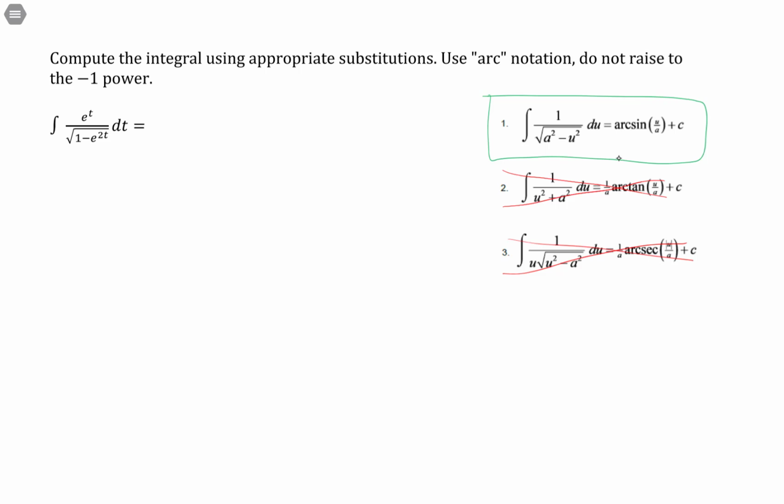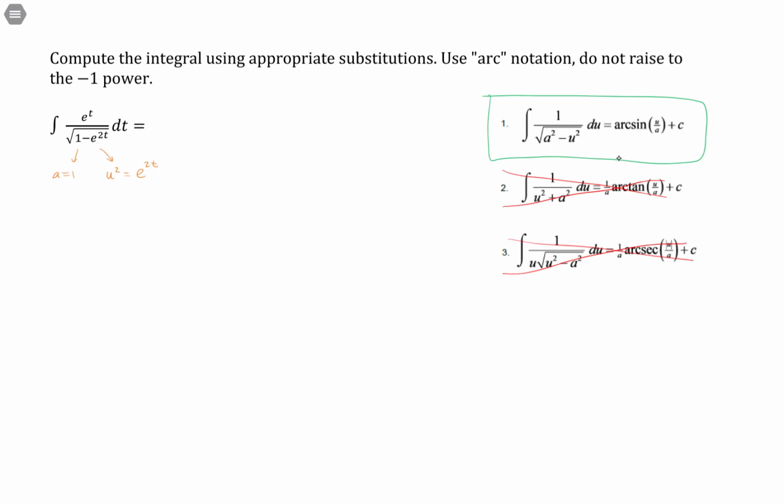The first thing that we'll need to do is identify what a and u are. a comes from the constant underneath the square root, and we know that a squared is equal to 1, so a is equal to 1. u comes from the function, so u squared is e to the 2t. I'm writing these steps out because you might not be as familiar with how to take the square root of an exponential.